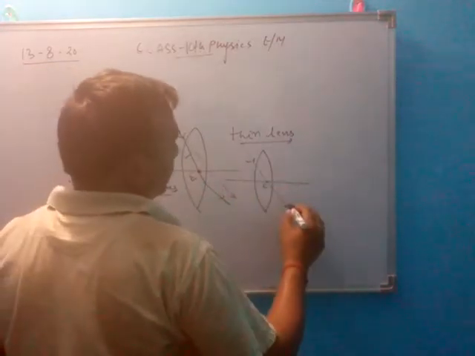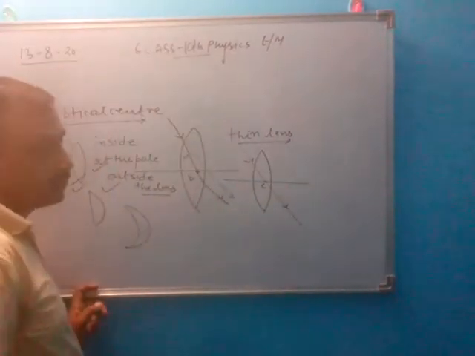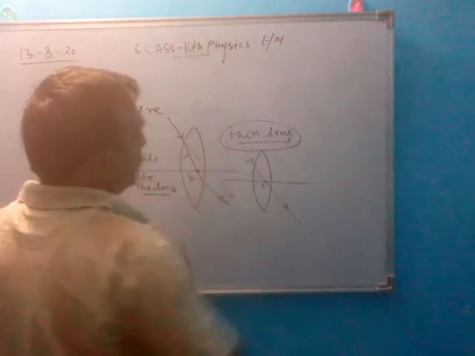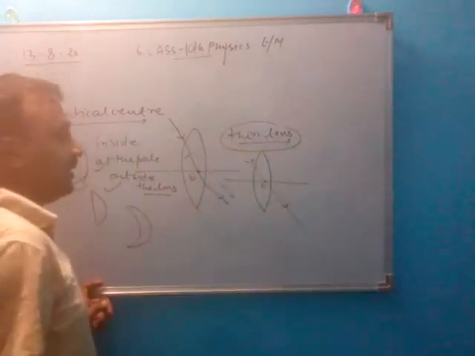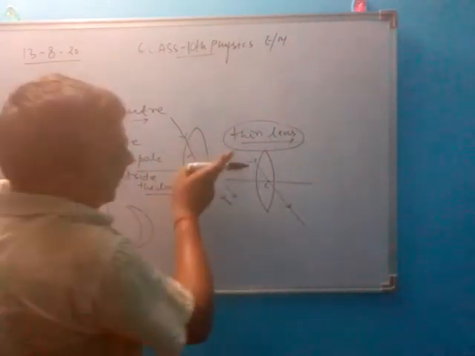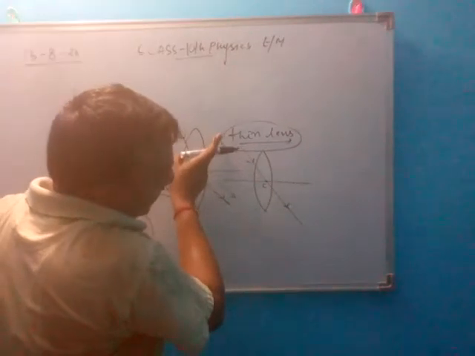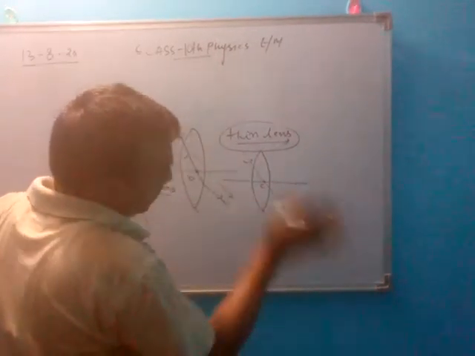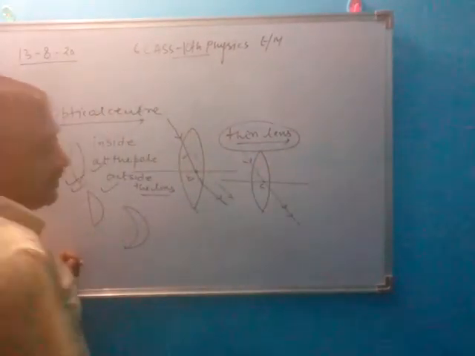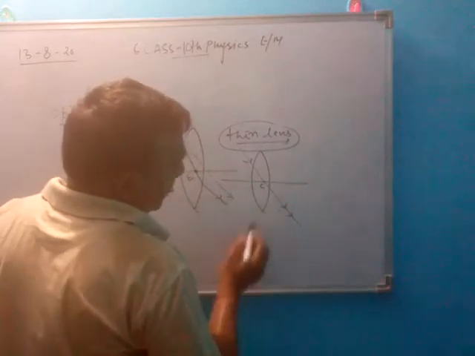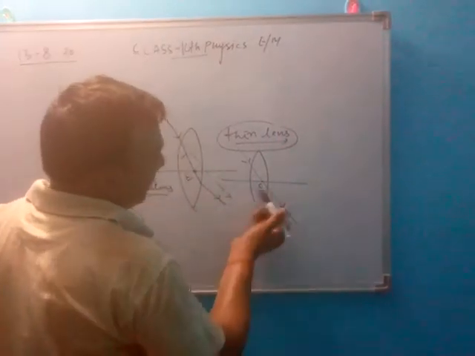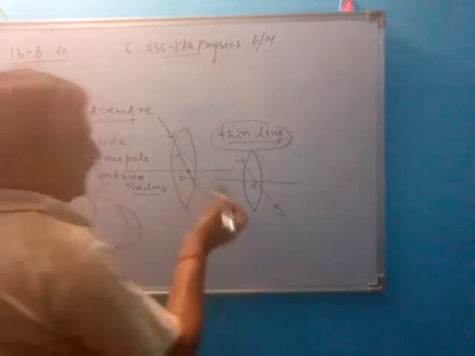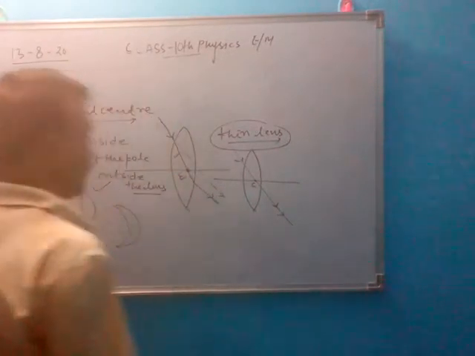If we take a thin lens, when the light ray is incident upon the lens, it goes straight without any deviation and cuts the principal axis at a point inside the lens. That point is called the optical center of the lens.